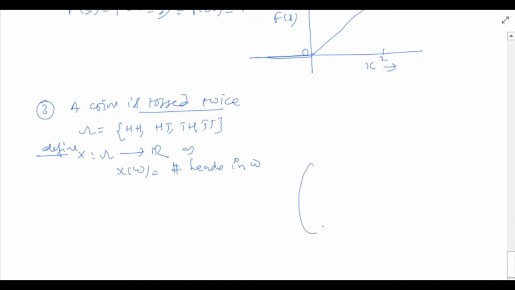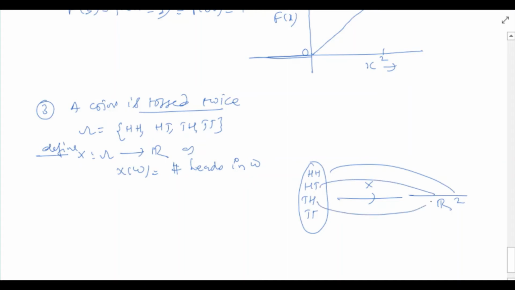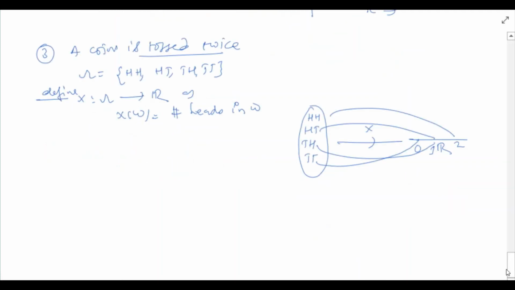In other words, we have the set HH, HT, TH, TT, and X is a mapping from this set to the set of real numbers, where HH is mapped to 2, HT and TH are mapped to 1, and TT is mapped to 0.